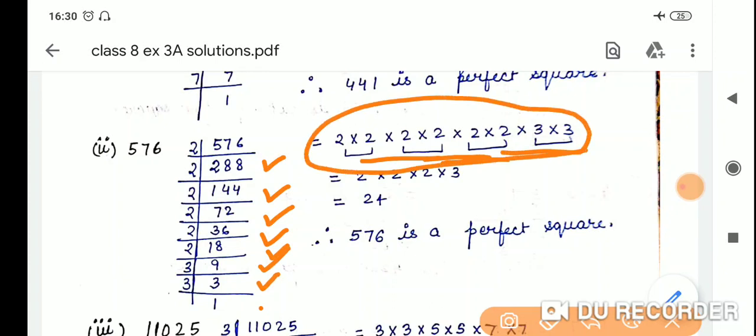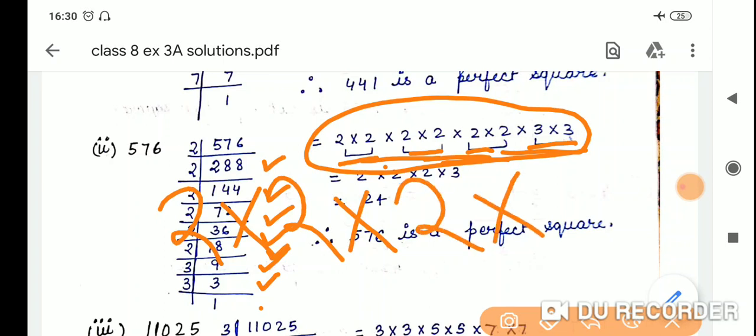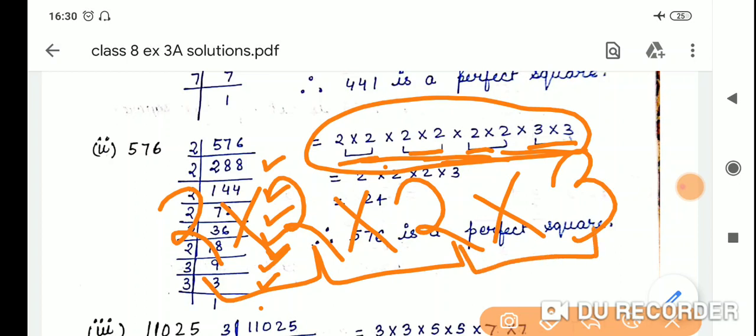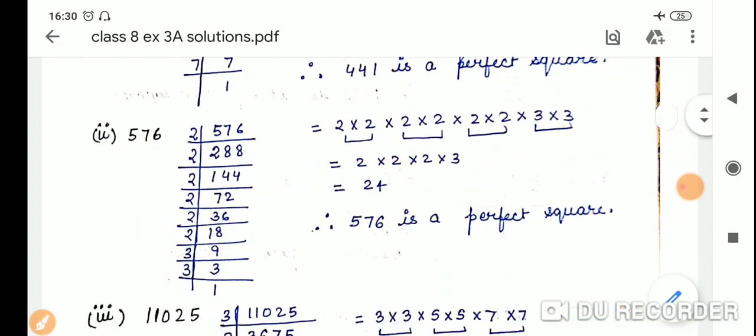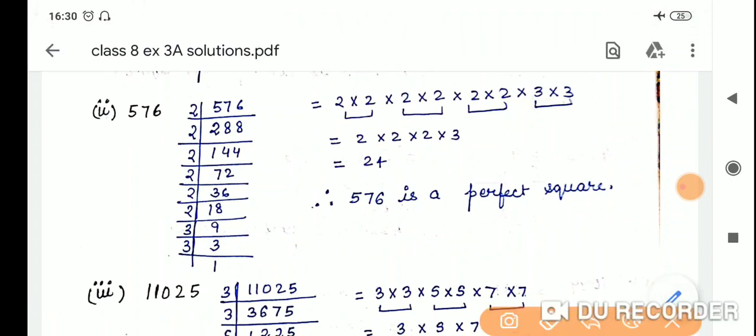As you can see, all the numbers are having pairs. So 2 ka pair, then again 2 ka pair, then again 2 ka pair, then 3 ka pair. So it will be 2 multiply by 2 multiply by 2 multiply by 3. When we multiply it, 2 2s are 4, 4 2s are 8, and 8 3s are 24. So here 576 is the square of 24.